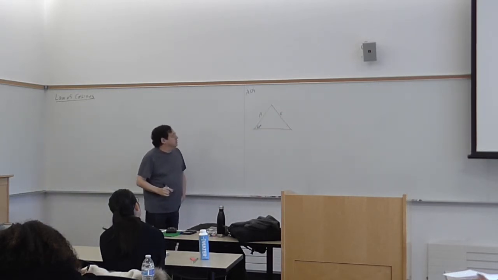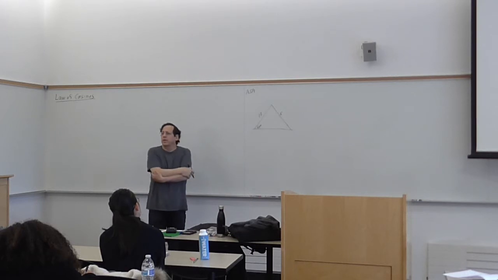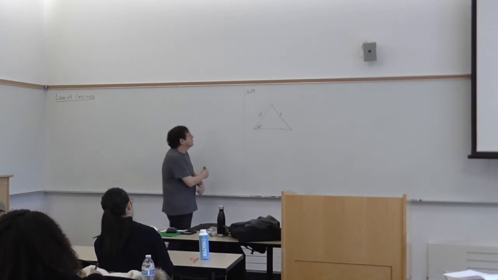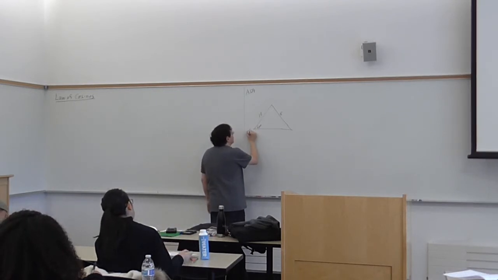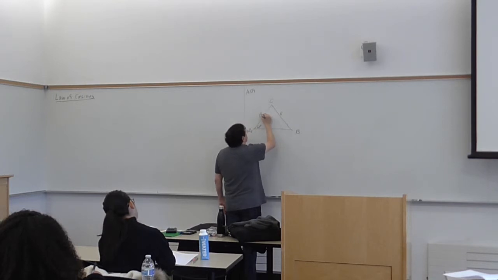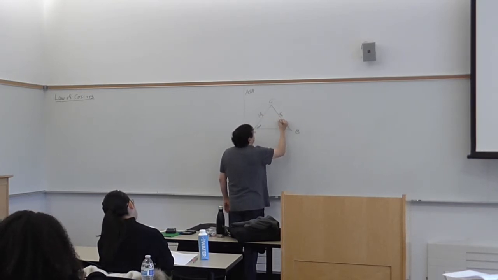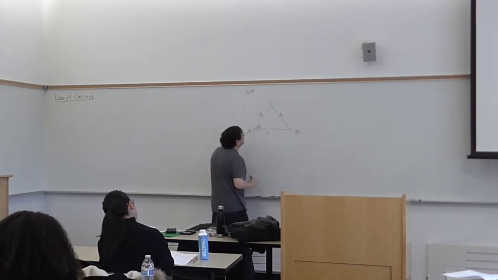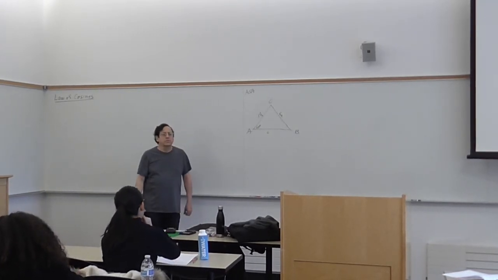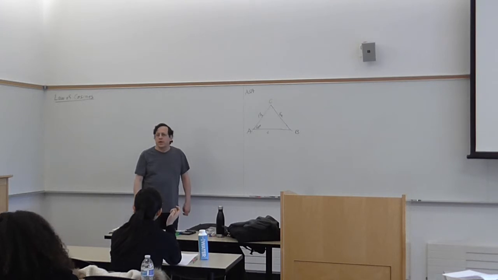Okay, how would we go about dealing with that? And again, just A, B, and C, and then this is my little b, my little a, and my little c. What am I going to do with that?